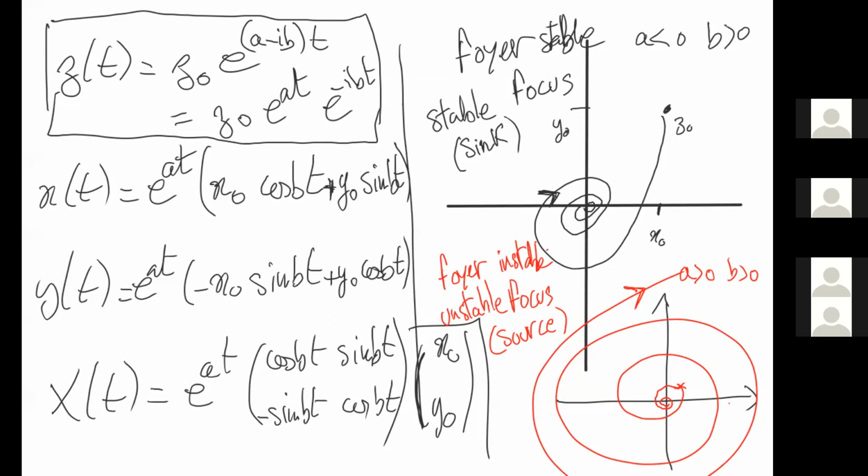They correspond to a negative real part for eigenvalues, while unstable focus and unstable node are sources, and they correspond to a positive real part.